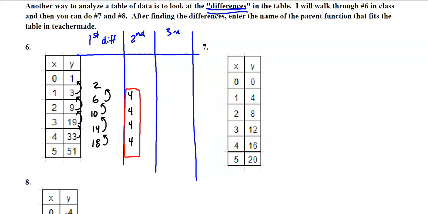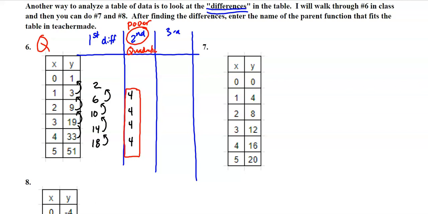So what that tells me, because it's the second difference, think of this like powers. The second power means that this table is going to be a quadratic. So I can tell you that number 6 is definitely going to be a quadratic function because the differences in the y values weren't constant until the second difference.